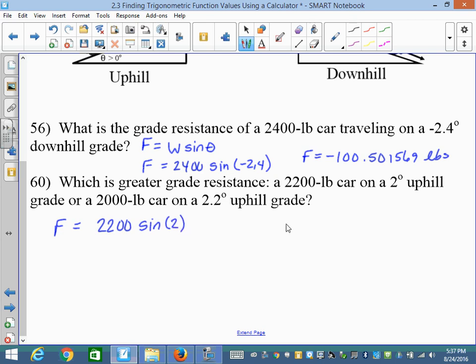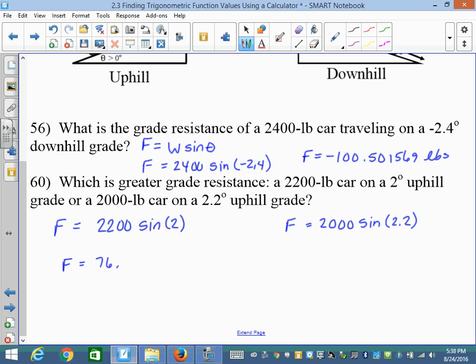Okay, so we're going to just do these side by side. Sine of 2.2.